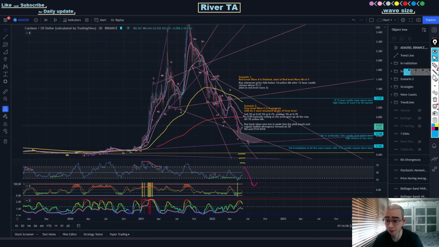So we would be looking at something like this. If the price action goes up again and then falls down, there would be a bullish divergence in RSI and stochastic momentum like this.